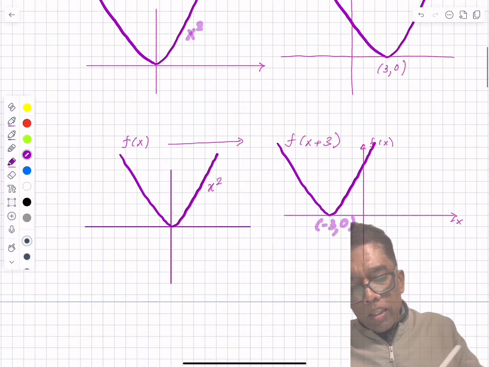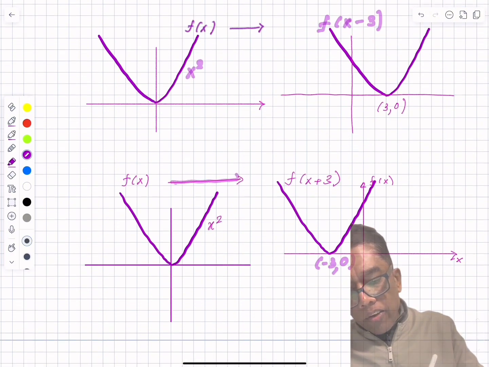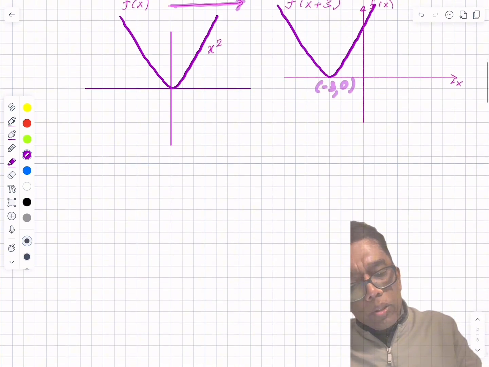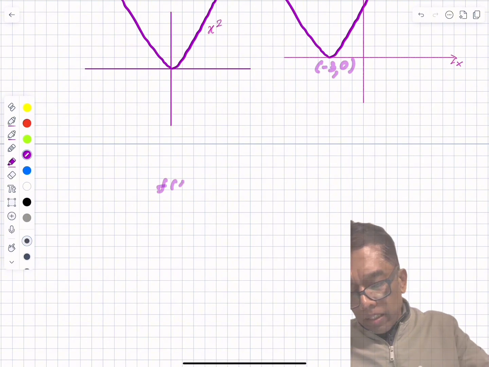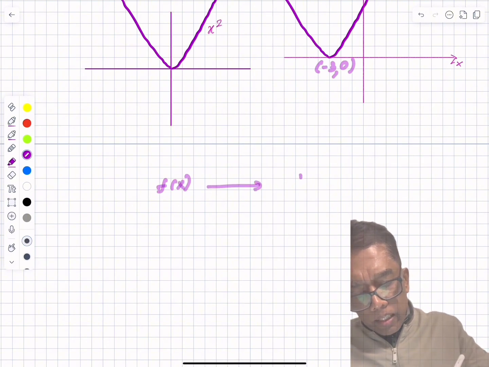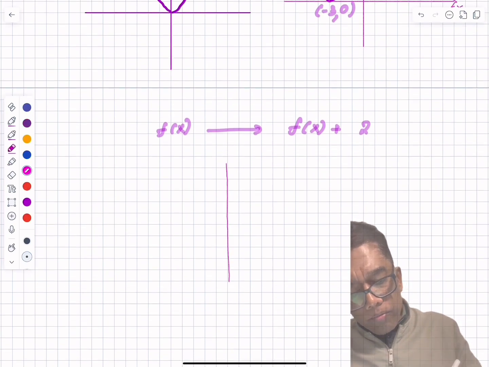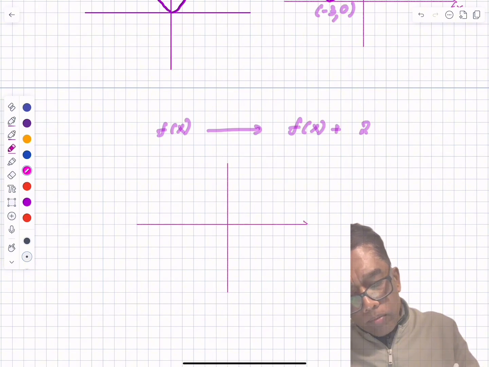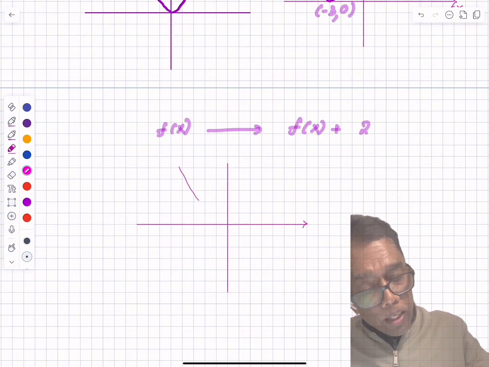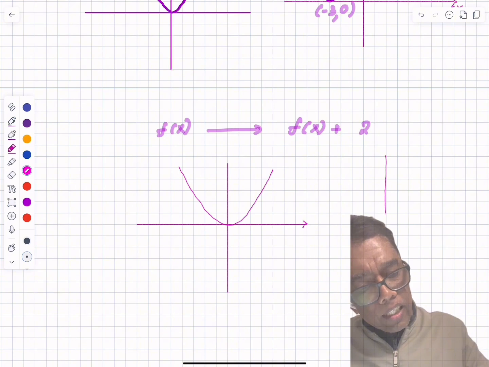Next one, I'll consider f(x). f(x) goes to f(x) + 2. What is it? I'll take f(x) as x², our basic or parent function. What is f(x) + 2? It is a vertical translation.